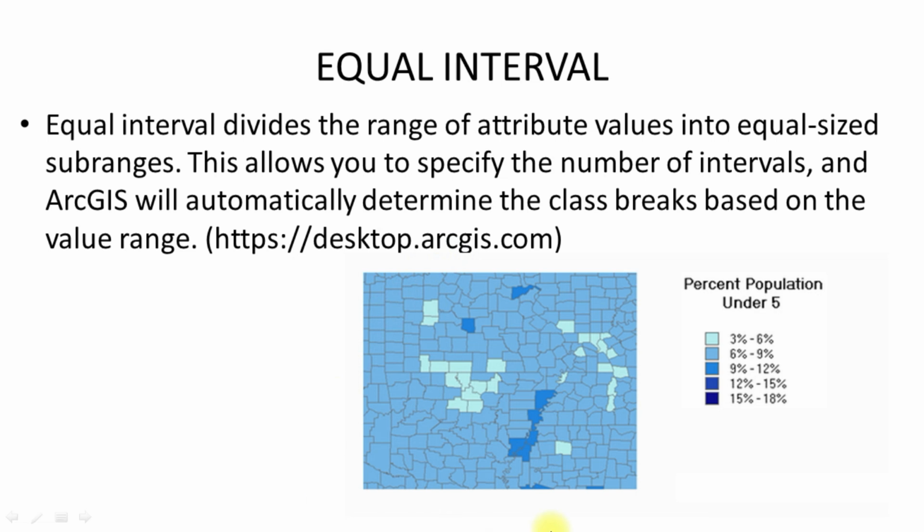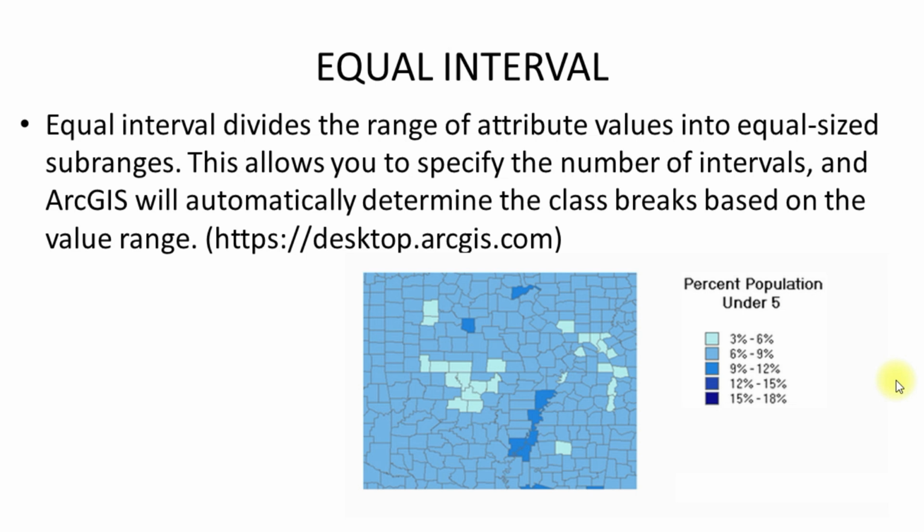So here as an example you can see the map of percent population under 5, and equal interval divides the range of values and gives it to each class, which has the same range. For instance, here you can see from 3% to 6% the first class, the second class from 6% to 9%, etc.